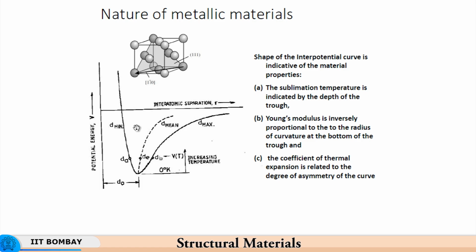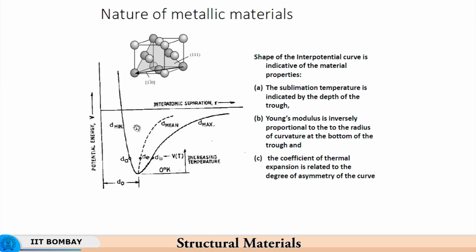So the mean position wouldn't have shifted to the higher interatomic separation as the temperature increases if it were a pure V. If the symmetry were there, then the locus of movement of the mean position would have been just vertical, and there would be no increase in interatomic separation.